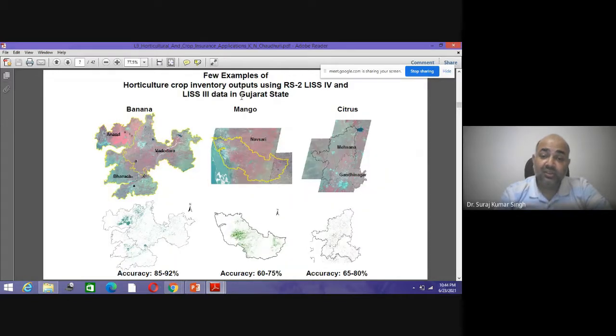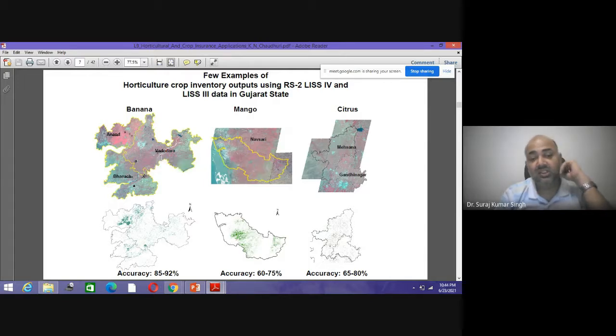So a few examples of how those satellite images are seen in Landsat 3 and Landsat 4 data, and what the accuracy of the map classes using satellite images is. You can see that a few sample sites were taken, and ground truth data sets were taken for banana in Gujarat state. We have taken Anand, Bharuch, and Vadodara.